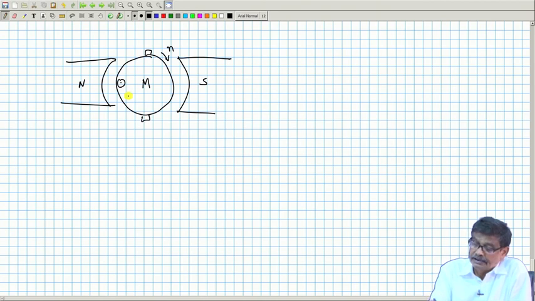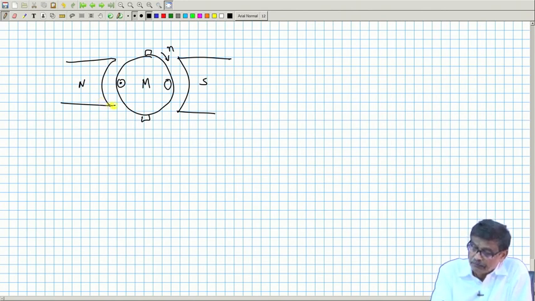Suppose he says that it is operating as a motor, it is running in this direction, then the first thing I will do is decide that the electromagnetic torque has to be in this direction. Therefore, I decide about the current by applying the left hand rule. Which one is the leading pole tip?